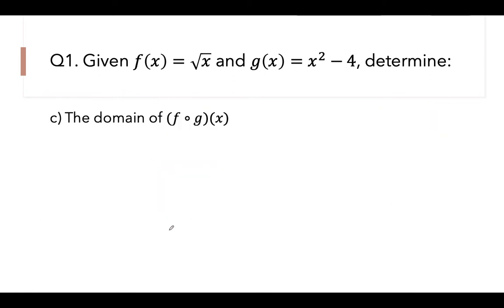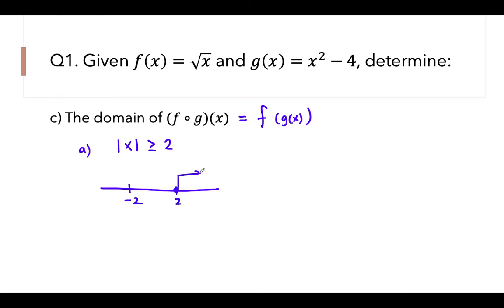Now, what about the domain of f of g of x? So this means f of g of x. Now, for f of g, the domain we saw from letter A was absolute value of x greater than or equal to 2, right? So if I draw a number line, this actually looks like -2 and 2, closed circle, greater, and closed circle, less than, right?